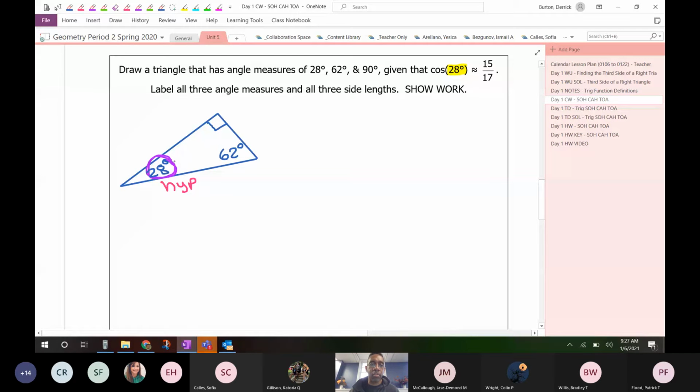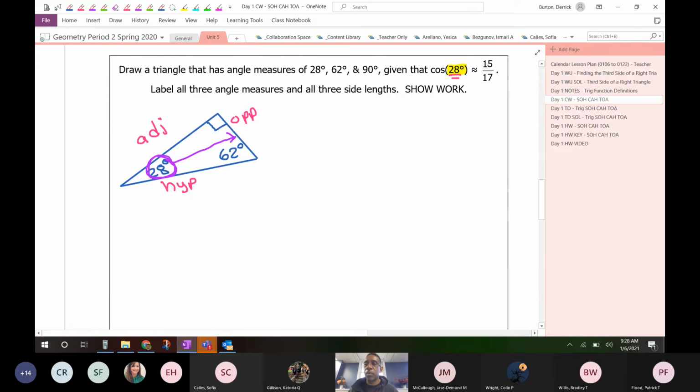Remember, if you draw an arrow going away from the angle, that is going to point to the opposite side. So that makes this the opposite side. And that means the other side here is the adjacent side. So we know what's opposite, adjacent, and hypotenuse based on the fact that we have a 28.